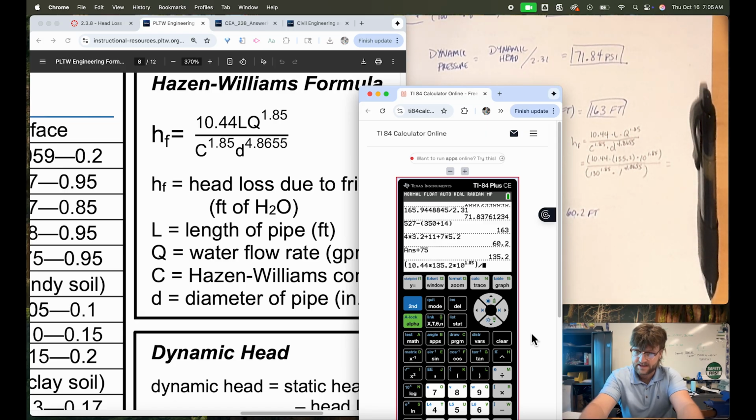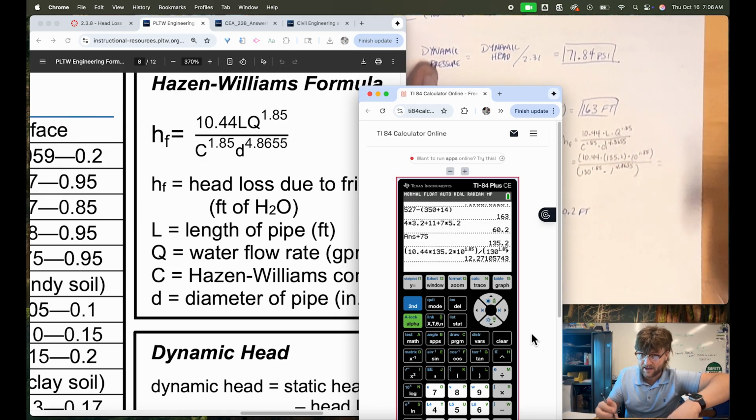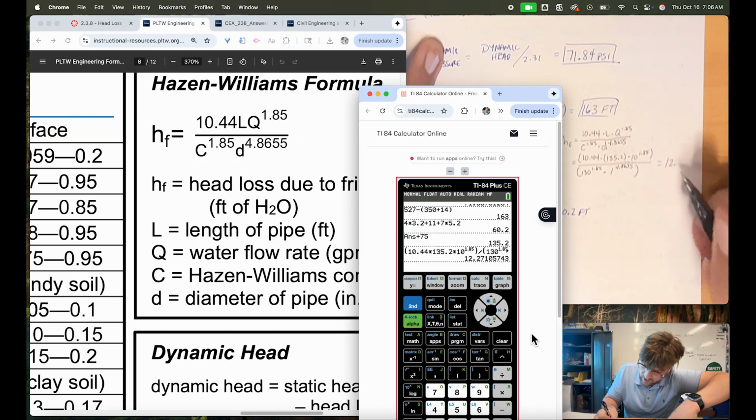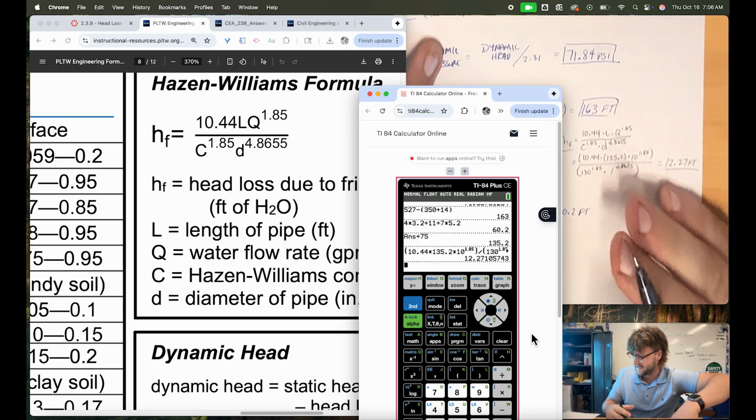Close the big parentheses, divided by big parentheses again. 130 raised to the 1.85 power times 1 raised to the 4.8655. And then we can go ahead and multiply this out. So what we end up finding is our head loss here is 12.27 feet of water, right? So that's what our head loss is there.